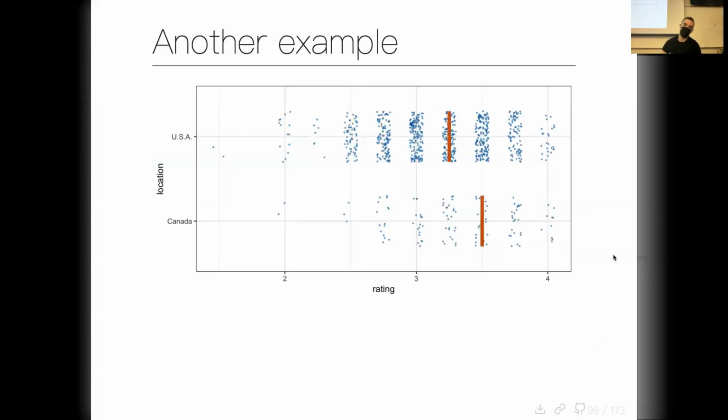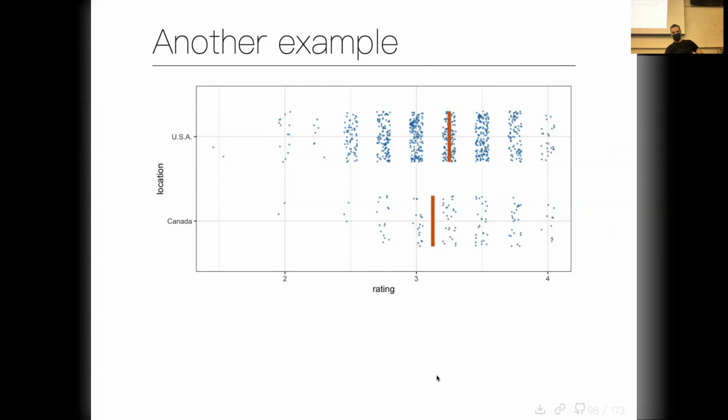This is another example where we're looking at chocolate ratings between the US and Canada. I think Canada has higher chocolate ratings overall than the US, but you can see based on the number of points that they don't have nearly as many chocolates being rated either.